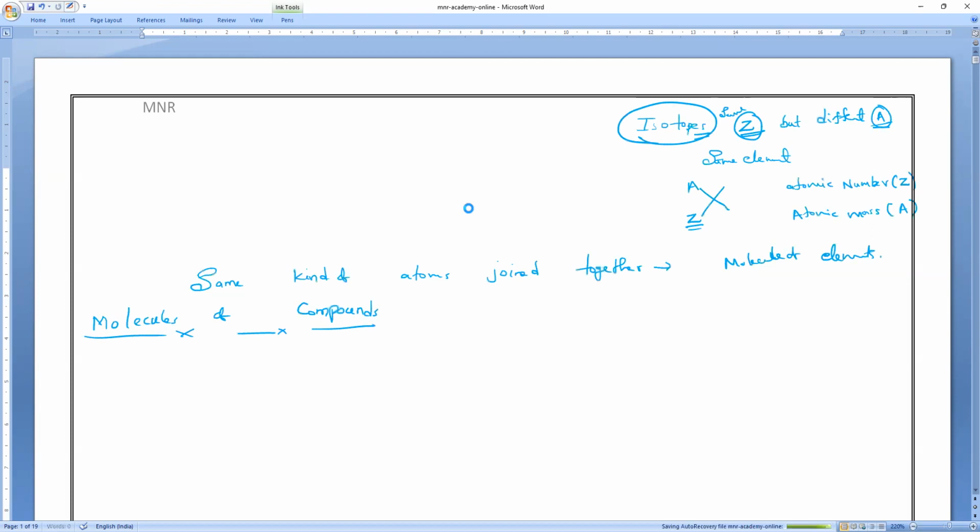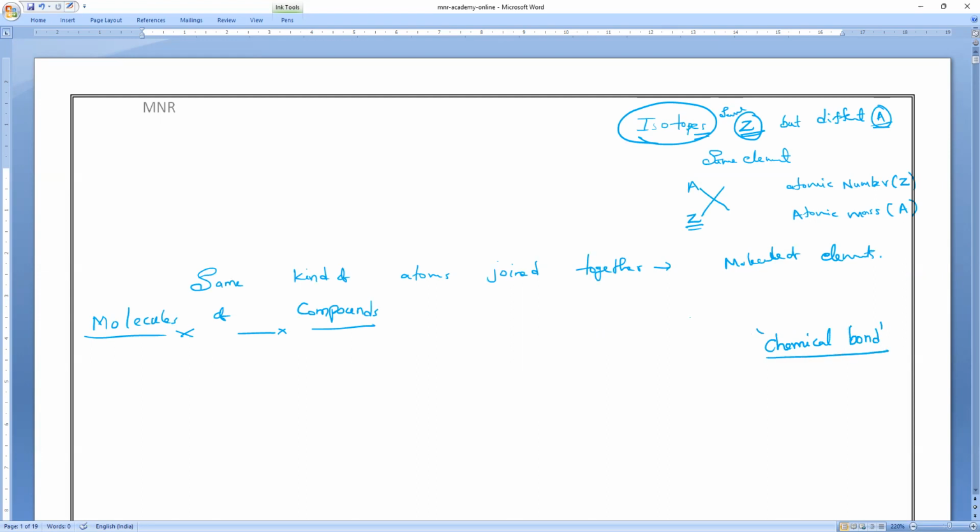What is the bond present between them? Last class I told you. The bond between the atoms, we call it a chemical bond.